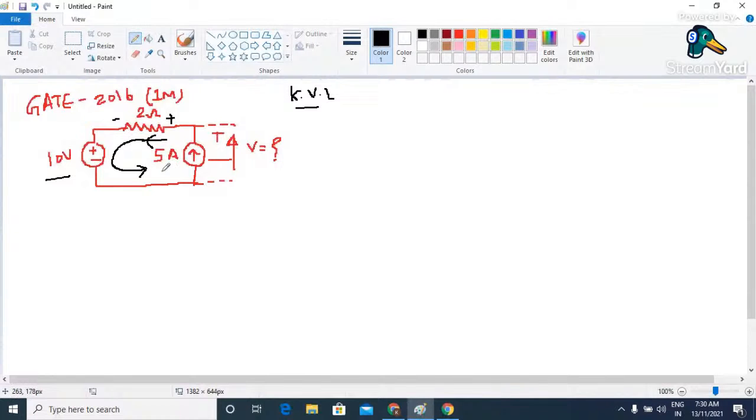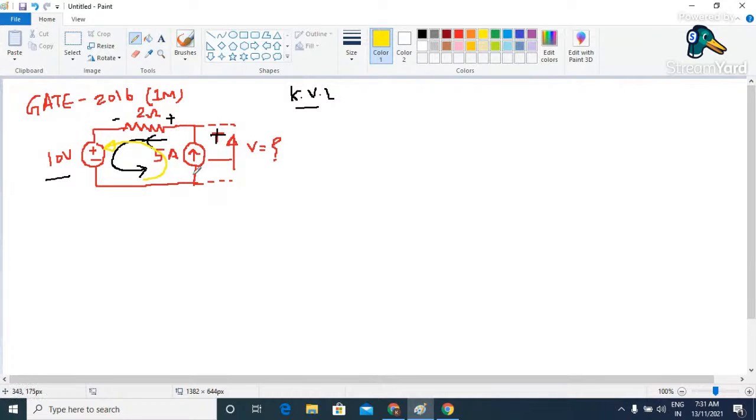Now we need to apply Kirchhoff's voltage law. While applying Kirchhoff's voltage law, we have to read the circuit either in the clockwise direction or in the anti-clockwise direction. Suppose I am reading this circuit in anti-clockwise direction, that is, in the direction of current flowing in the circuit.